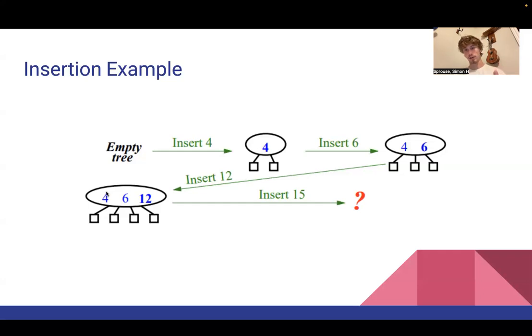And if each node can have 4 children, that means that at most each node can have 3 elements. As we can see, the pattern here is that we insert 4 and we have 2 children. So 1 element, 2 children; 2 elements, 3 children; 3 elements, 4 children. The number of children is equal to the number of elements plus 1, or the number of elements is equal to the number of children minus 1.